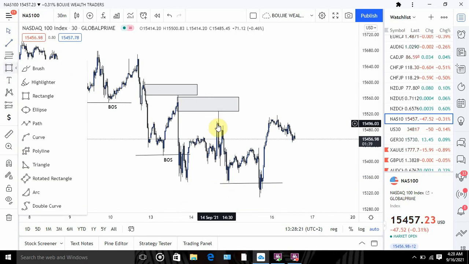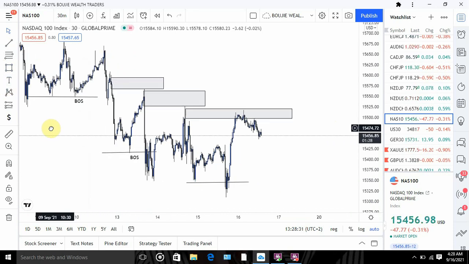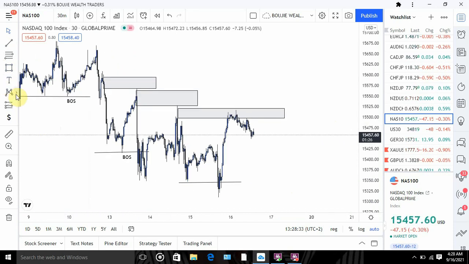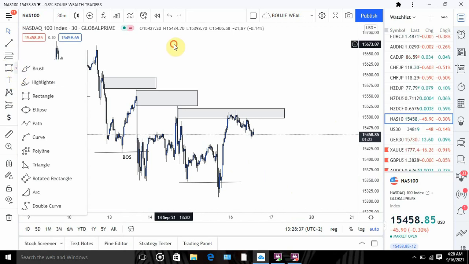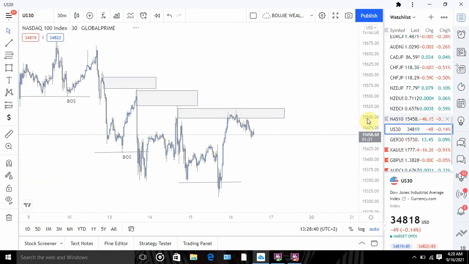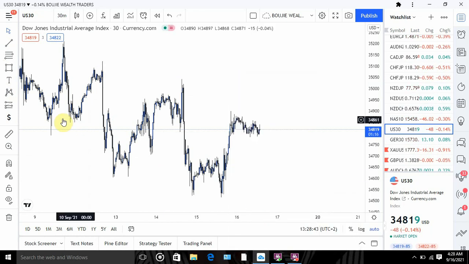Here is our point of interest. So in an uptrend or a downtrend, what I can say is that the market always breaks the low.